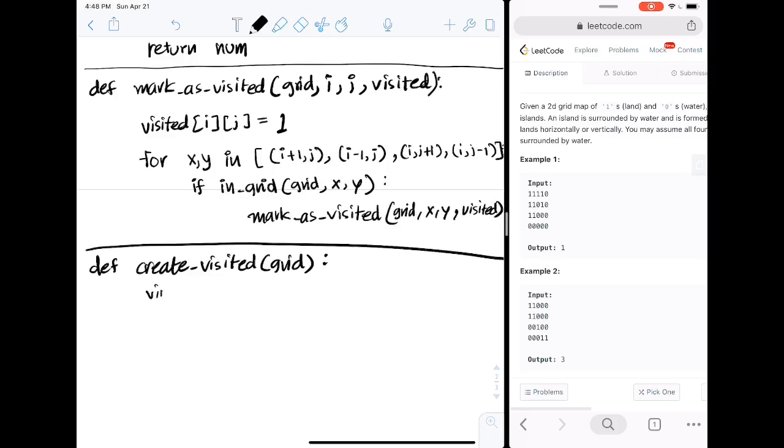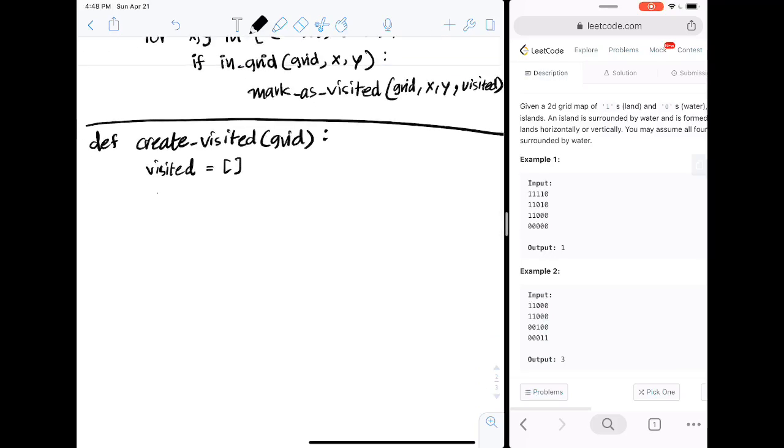So what we can say is this initializes visited equals just an empty list, and then for i in length of grid, visited dot append.